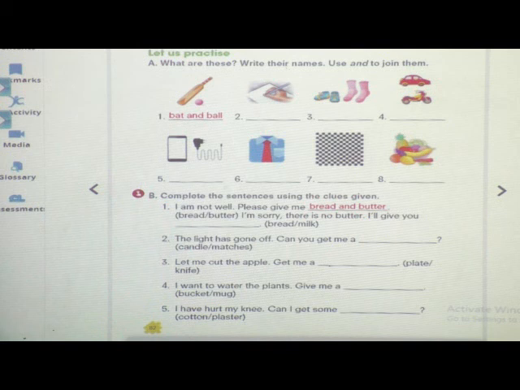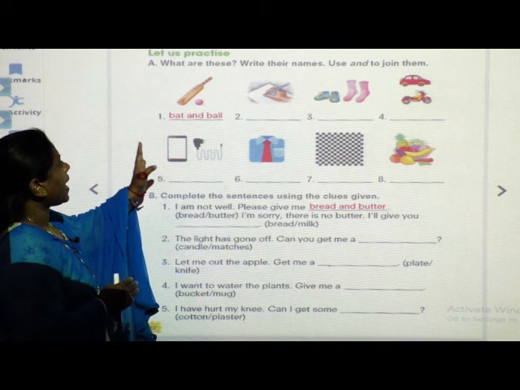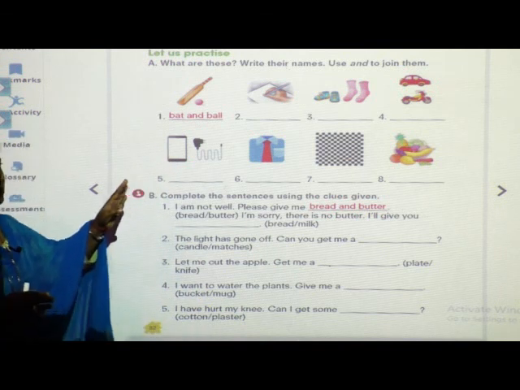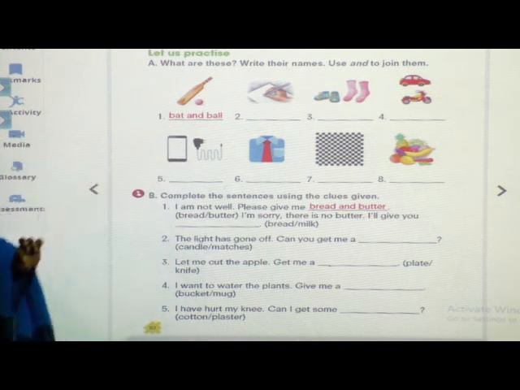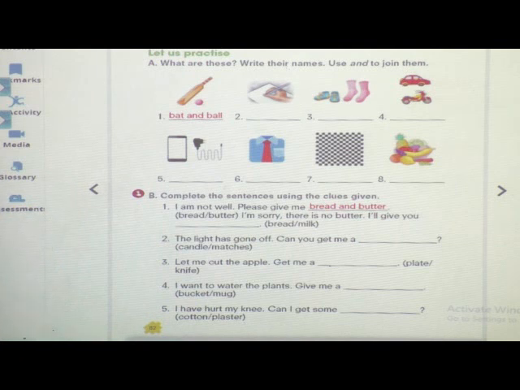Looking at the pictures, children, you have to identify which nouns are there and use and in that. The first one, you can see bat, ball. Okay, bat and ball. So here we are using bat and ball to complete that sentence.